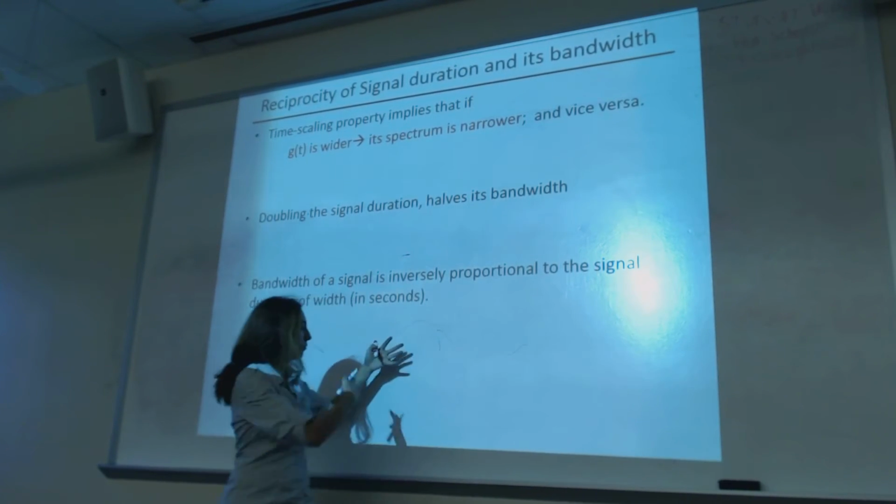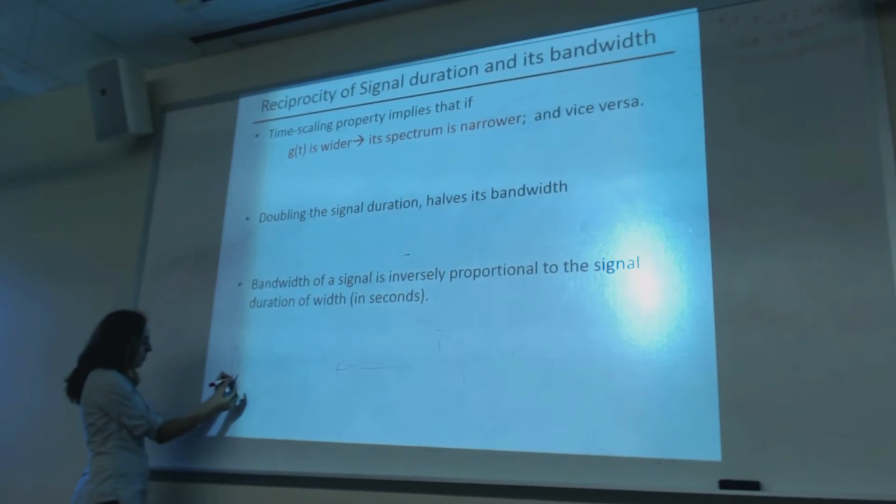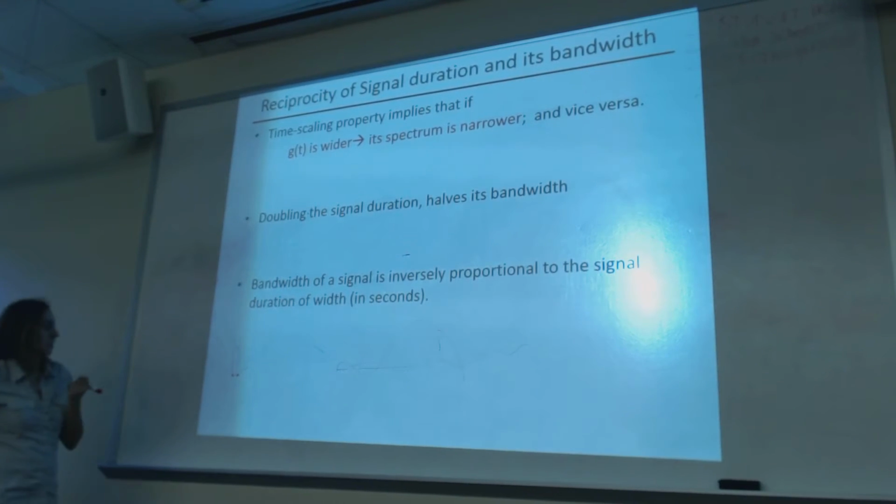Again, because if this is small, we have higher frequencies. So doubling the signal duration halves its band. If you double the time, you make it half of the frequency. And bandwidth of a signal is inversely proportional to the signal duration itself.